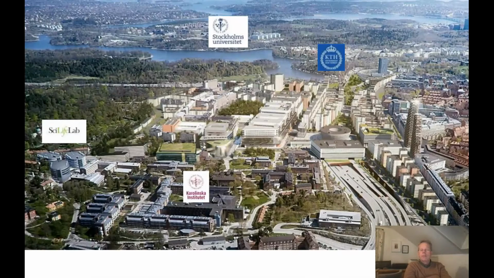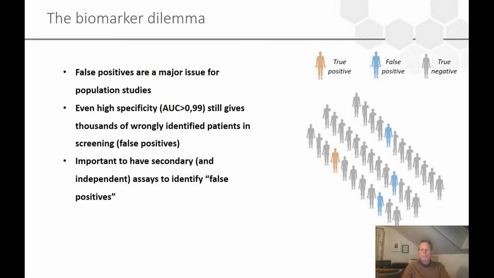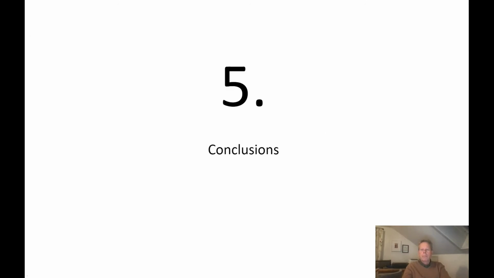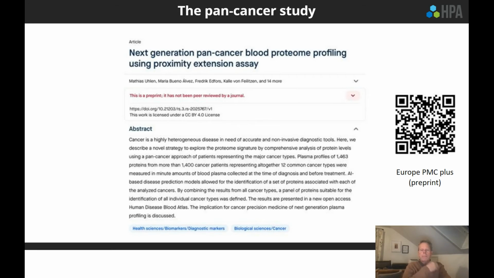Certainly, those of you in the audience, if you have questions, feel free to use the Q&A box to ask your question. Mathias, if you wouldn't mind clicking back to that code for the preprint, I thought that was a really interesting read. If I understand correctly, you looked at some 1,500 individuals using Olink Explorer that was able to examine these 1,463 proteins.